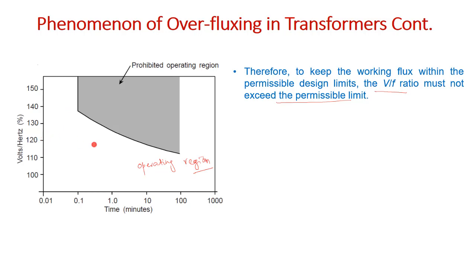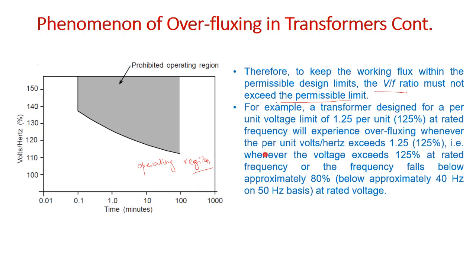So if we increase the V by F ratio, then gradually your operating region is narrowing towards less time of operation, right? If it is less, then your operation will be allowed for more time, more duration.